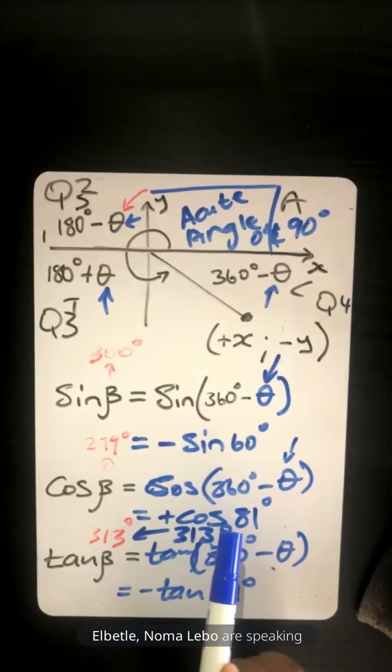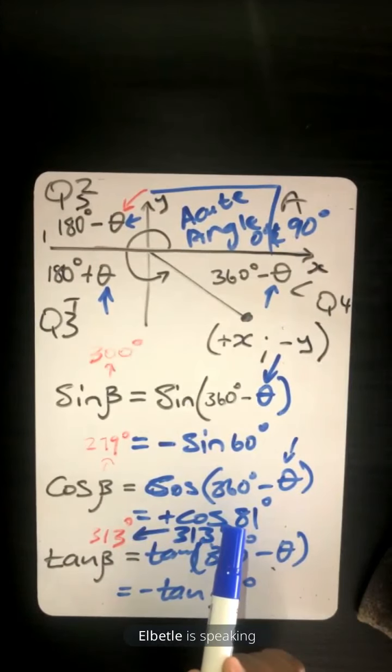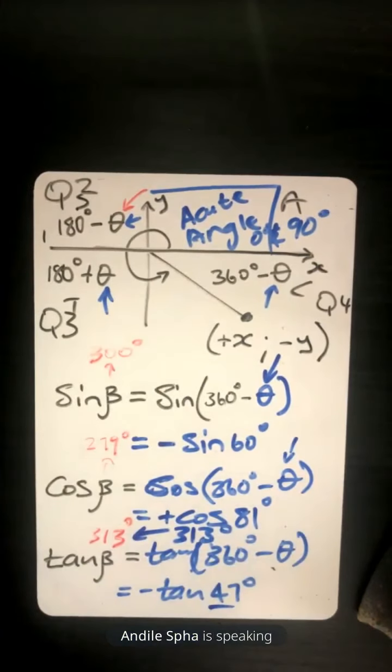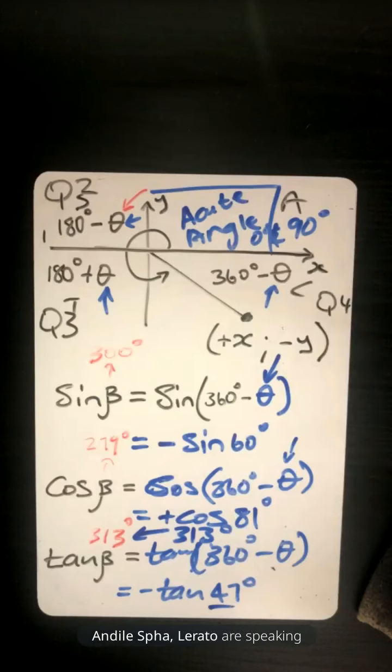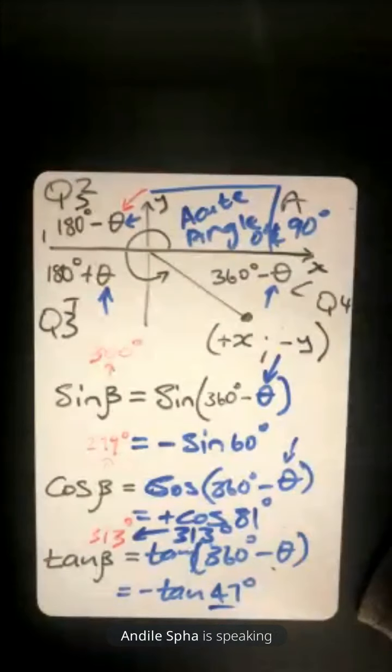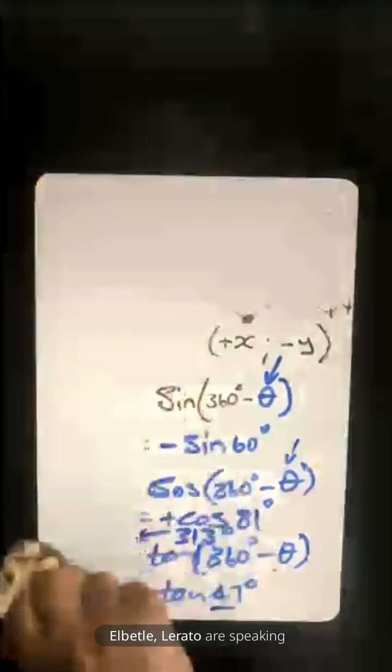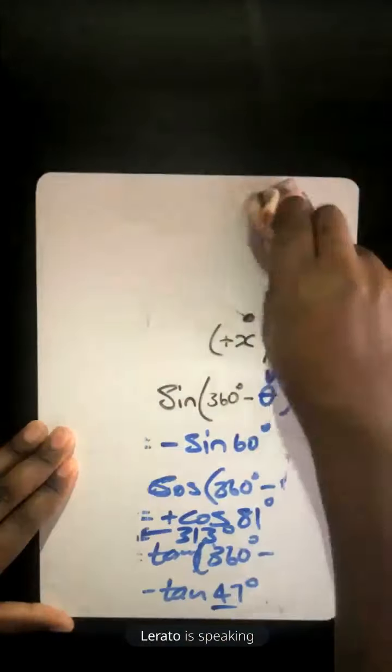The cos beta I'm getting 0.15. 0.16, if I'm converting it. Done. So we are all good getting correct answers, isn't it? Yes. Tan is negative 1.072. Okay. So the cos beta is correct. It's positive 0.156. Yeah, it's positive.